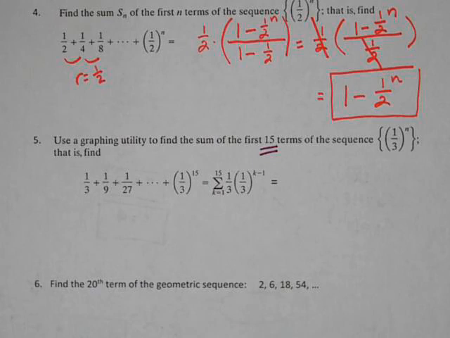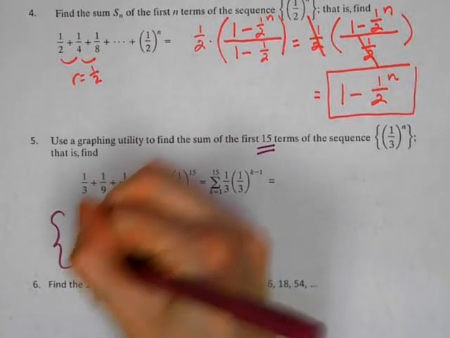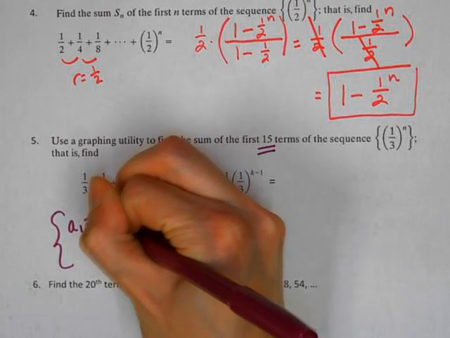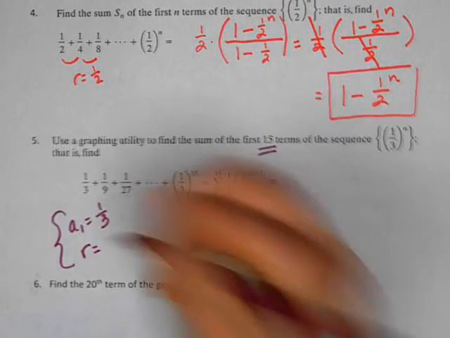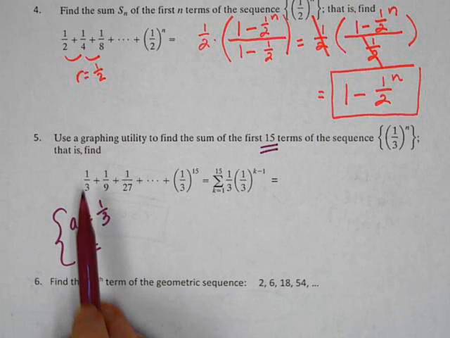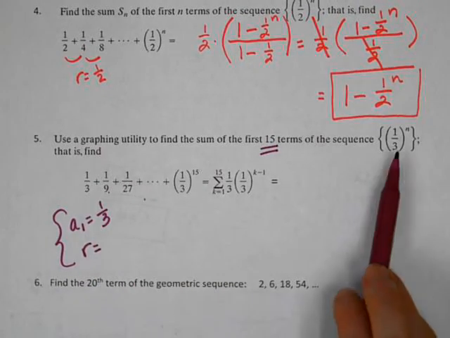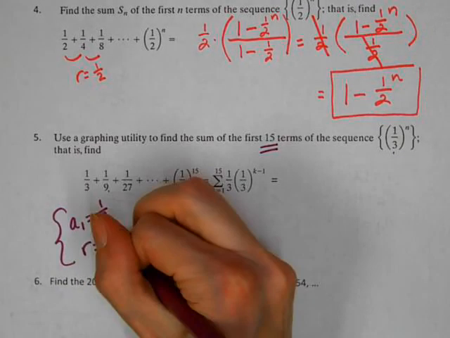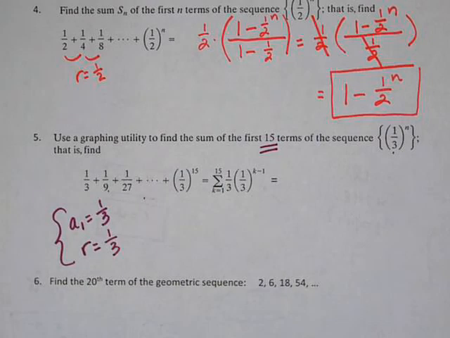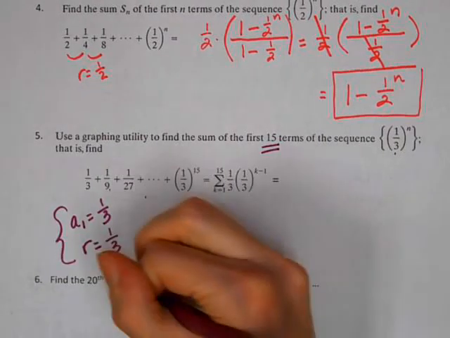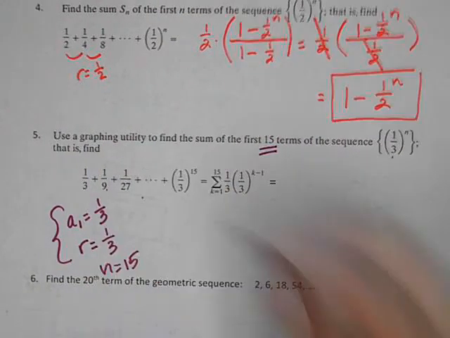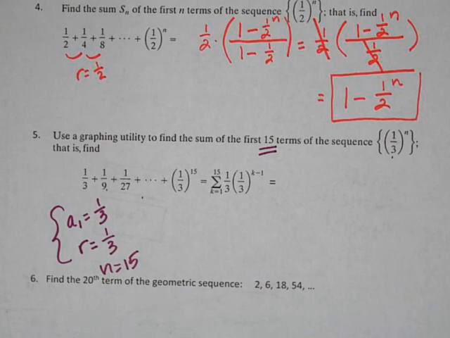It says find the sum of the first 15 terms. So again, we know that a sub 1 is 1/3. What is r? Well, aren't we just multiplying by 1/3 every time? So r is 1/3 also. And then we know n is 15, right? Because we have 15 terms. So we can just plug this in the calculator to find the sum.